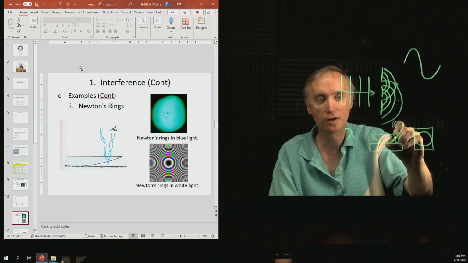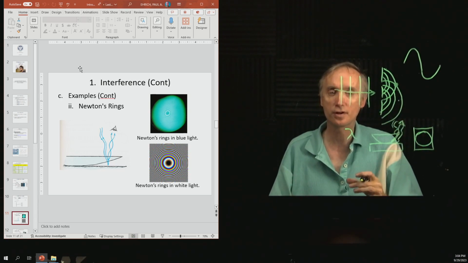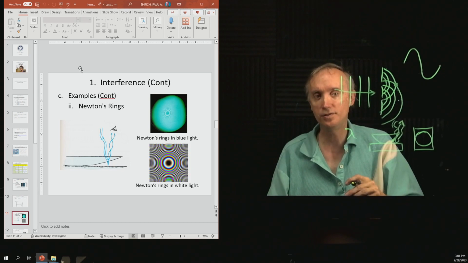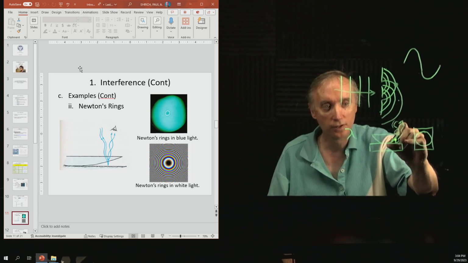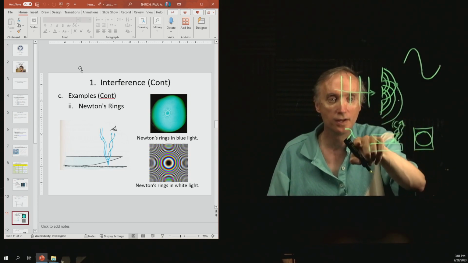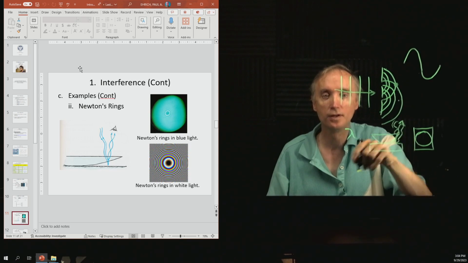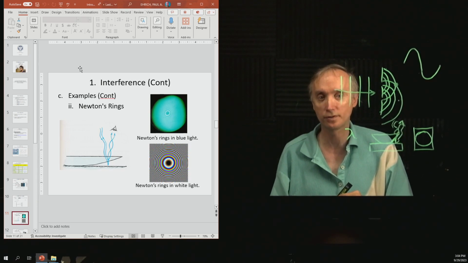When it bounces off that surface, it could go into your eye either constructively or destructively, depending on this distance right here. So the distance between the curved piece of glass and the flat piece of glass, depending on that distance, it could be constructive or destructive.